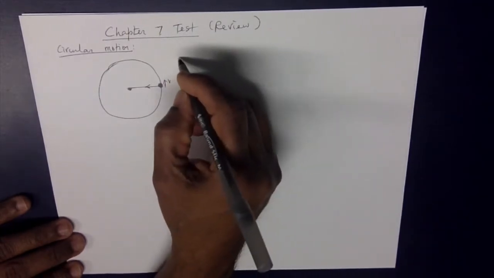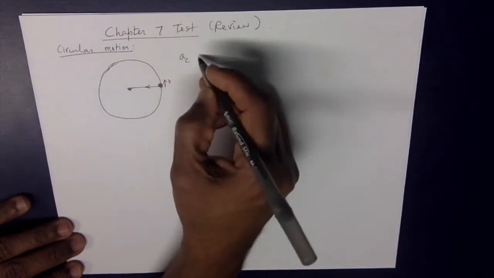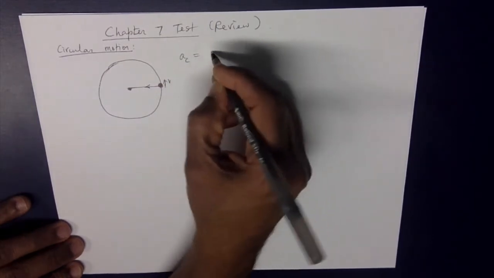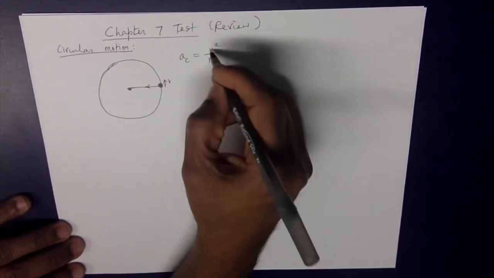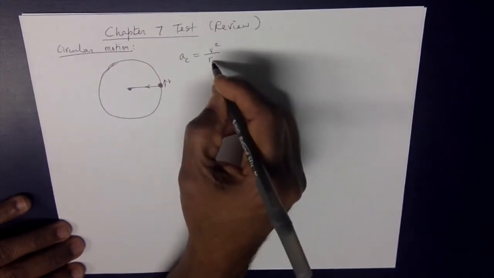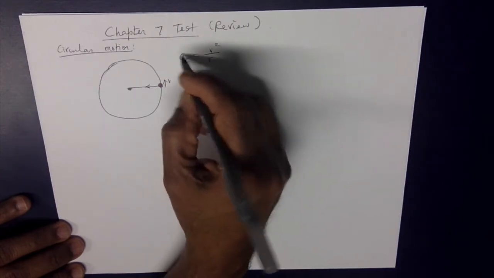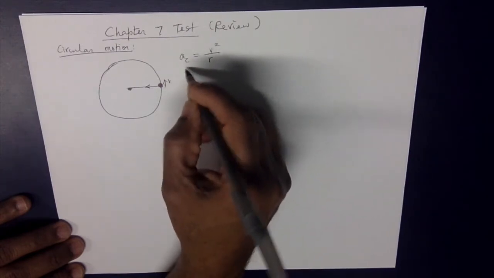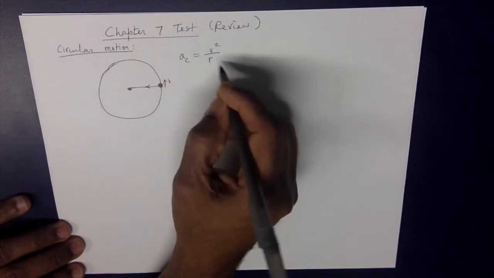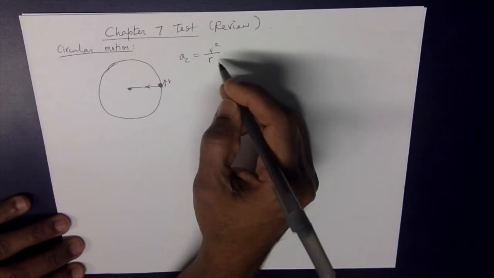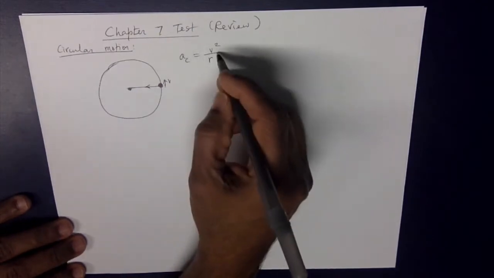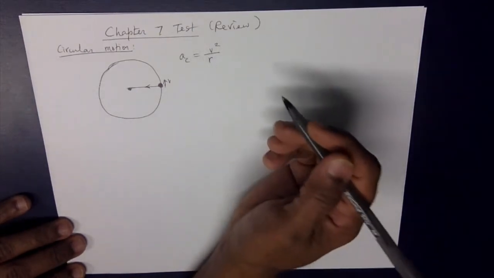And we came up with some expressions for acceleration. Centripetal acceleration is v squared over r. V is supposed to be in meters per second, r is supposed to be in meters, and acceleration normally will be in meters per second squared. You may need to use this equation to find acceleration, speed or radius.